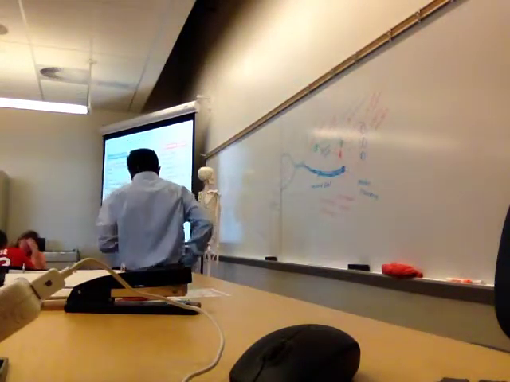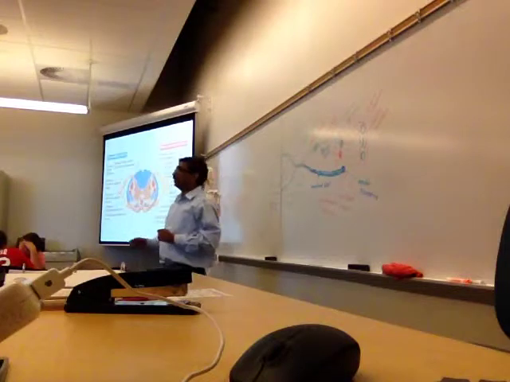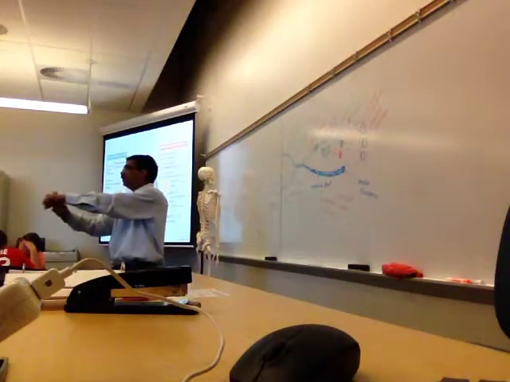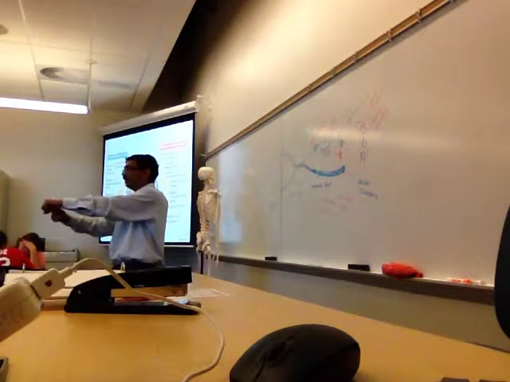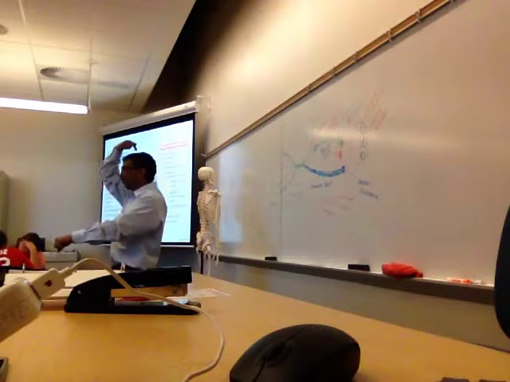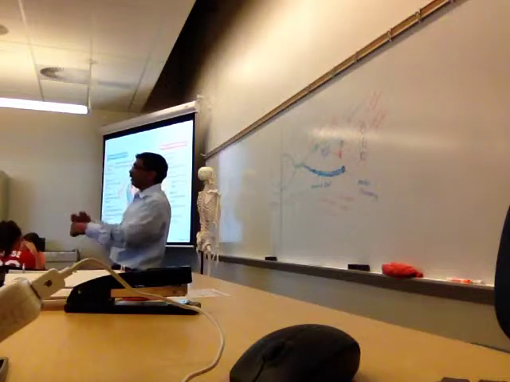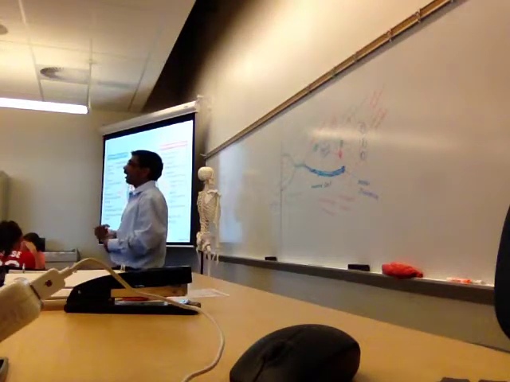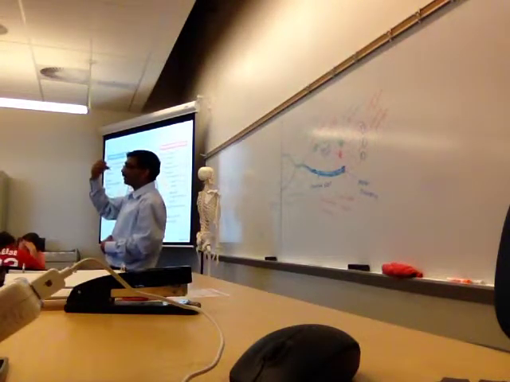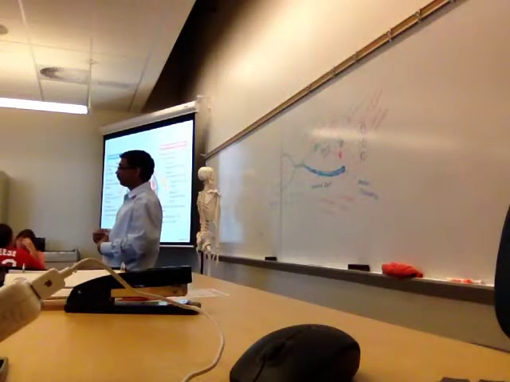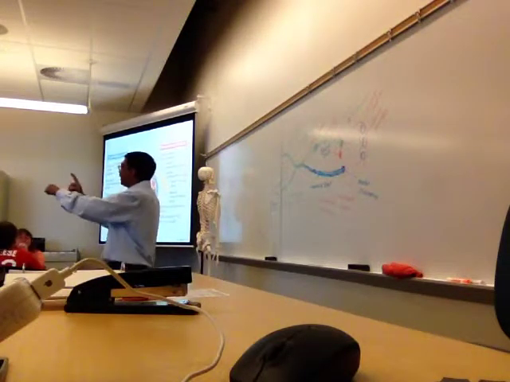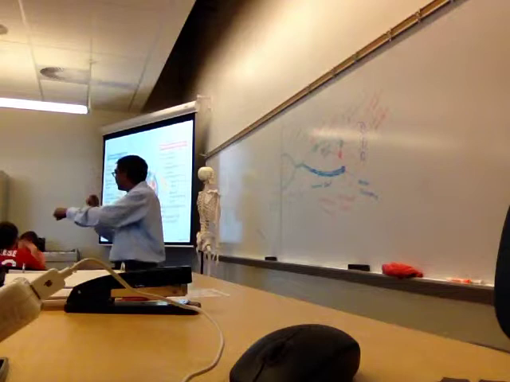Now, you tell me, if I touch your body, your skin, that signal will go to the brain, right? You know that the sensory signal will go to the brain. So which tract will take the signal to the brain, ascending or descending? Ascending, very good. So ascending tracts are sensory tracts.